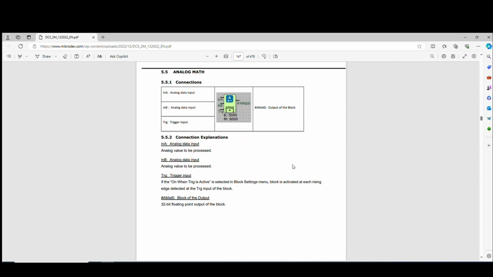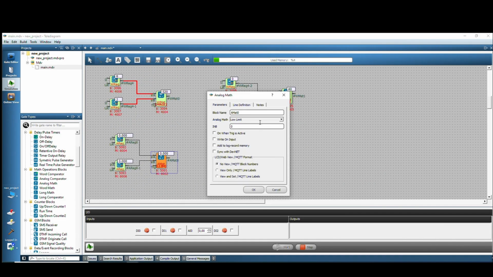Let's continue with the analog operation block. In analog operation, what operations can we do? If we go back to the beginning again, addition, subtraction, multiplication, and division operations. Absolute value, root extraction, sine, cosine, tangent, etc. Low limit, high.